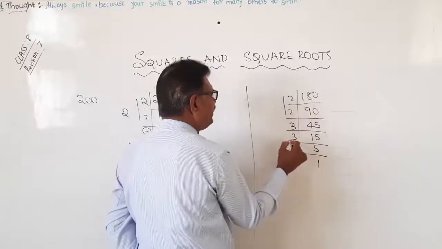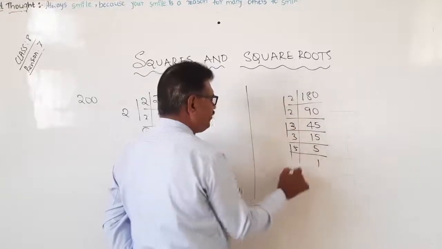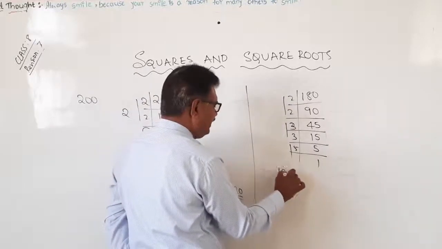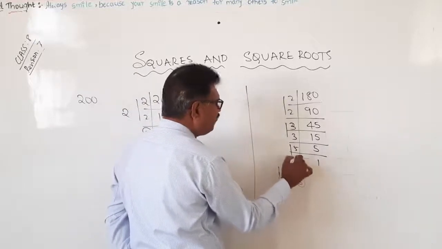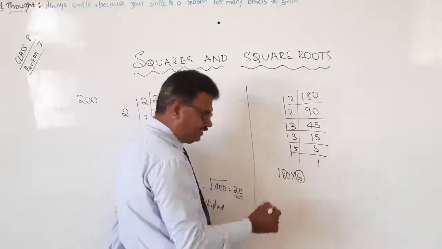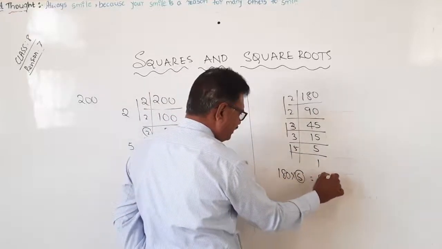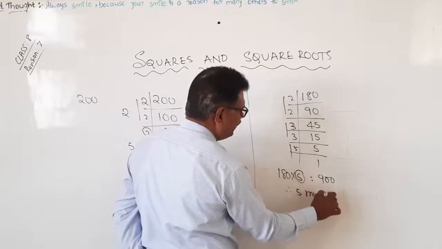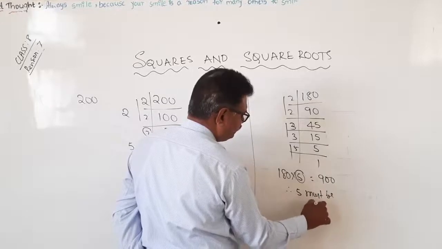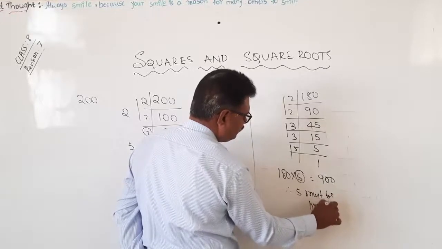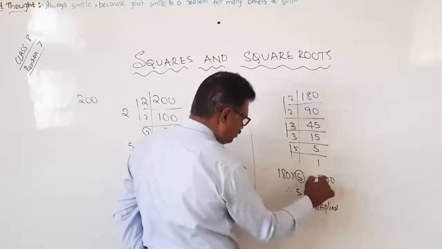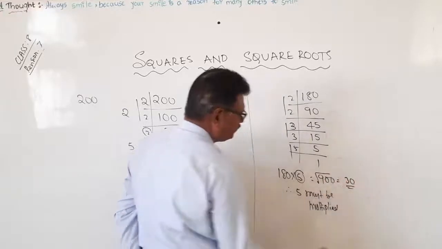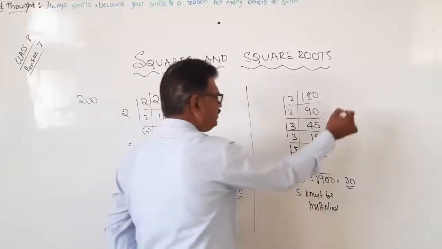For 2 also a pair is there, for 3 also a pair is there, but for 5 there is no pair. Therefore 180 into what must be multiplied? 5, because only one 5 is there. Therefore it will become 900. Therefore 5 must be multiplied. Okay? So the square root of this is nothing but how much? 30. Understood? Yes. One more question.